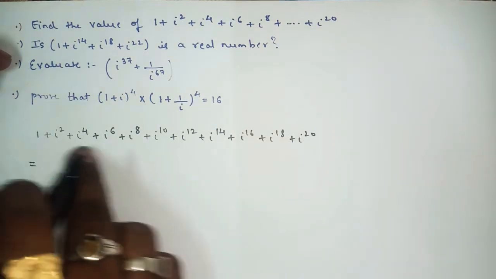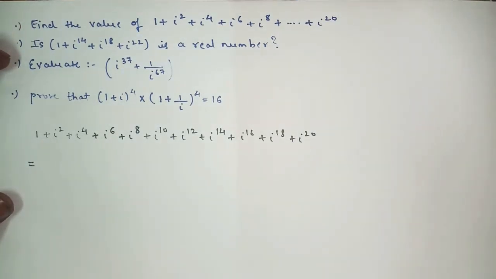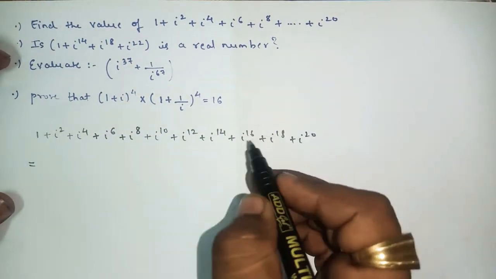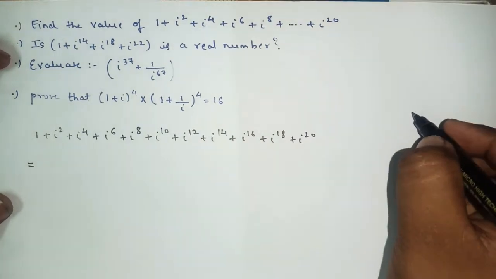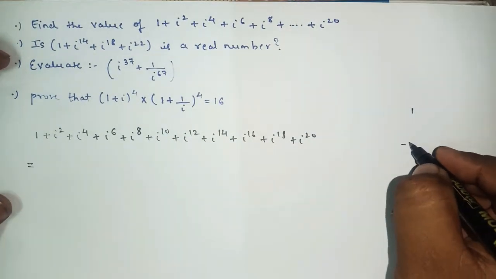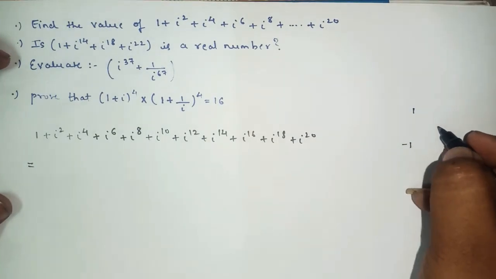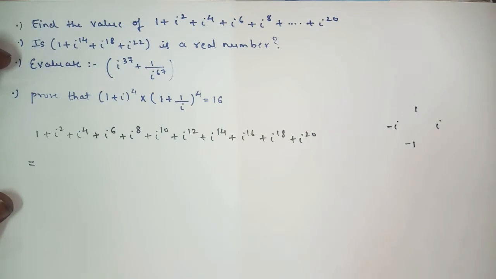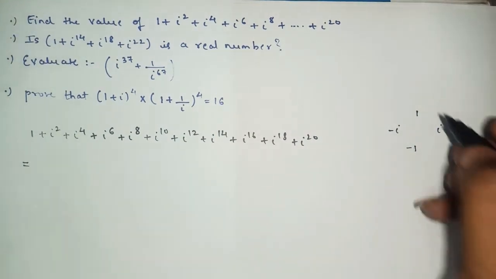Okay, so again there are 2-3 different methods to find this answer. The easiest method is what? Clearly we can see the power of I is not more than 20. If it is up to 20, we can use the concept of I minus I, the value of I, yes or no?